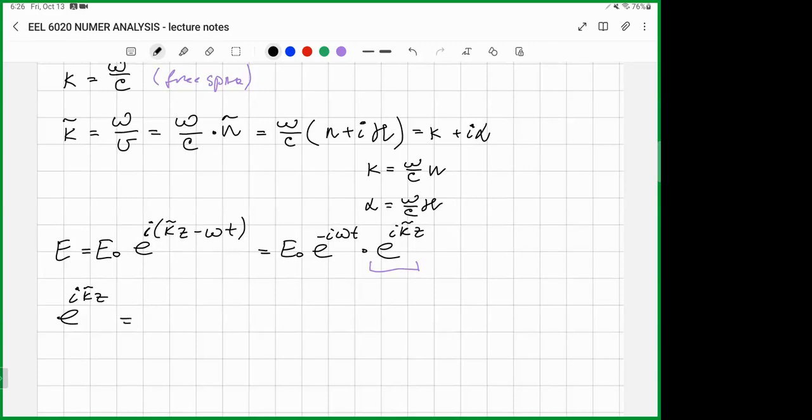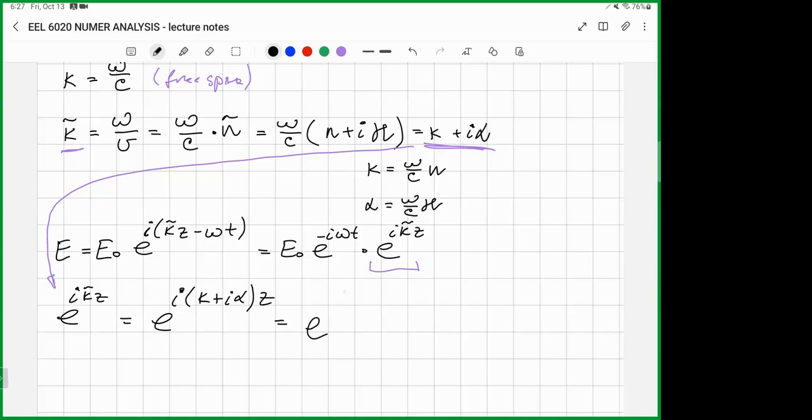So I plug this formula into this equation, and get e to the power of i(k without tilde plus i alpha)z, and expand the parentheses, and I get e to the power of i k z times e to the power of minus alpha z.